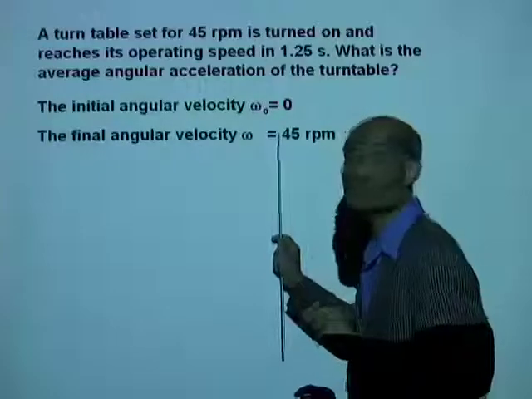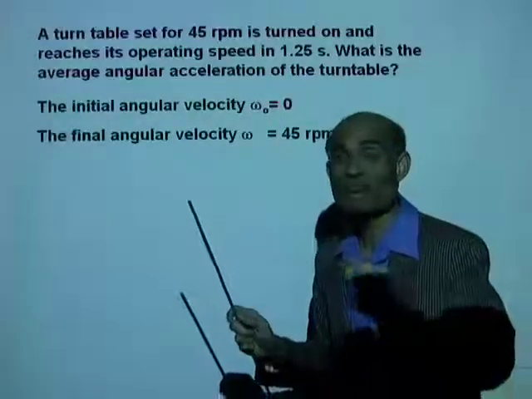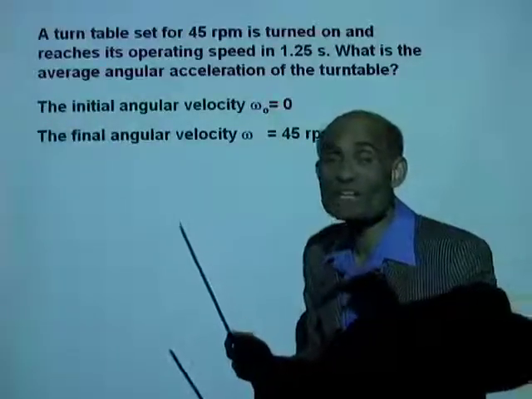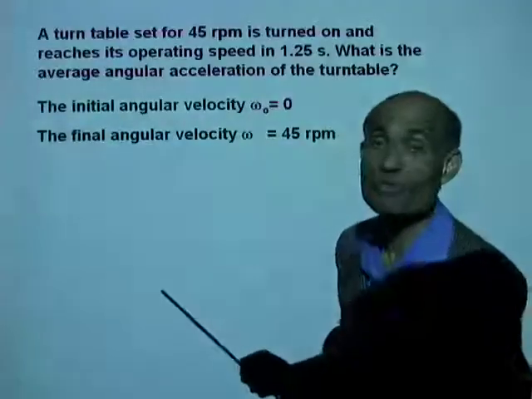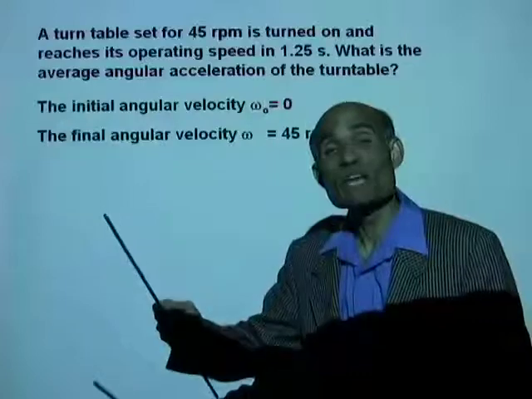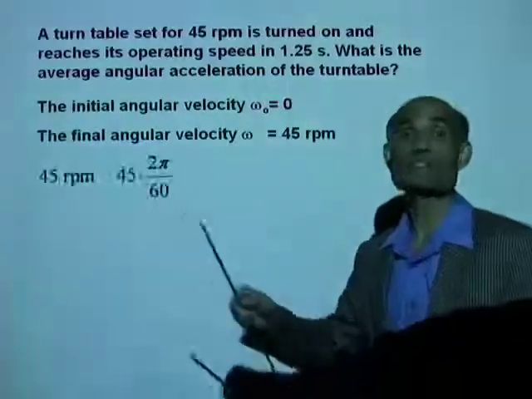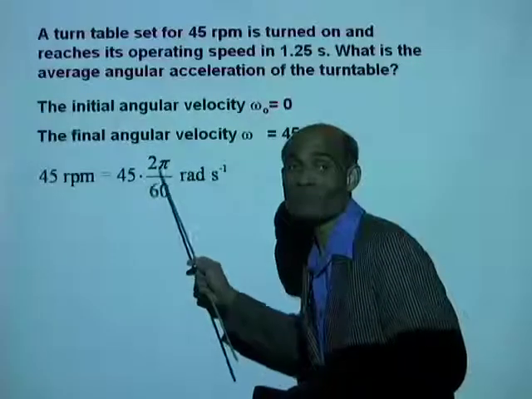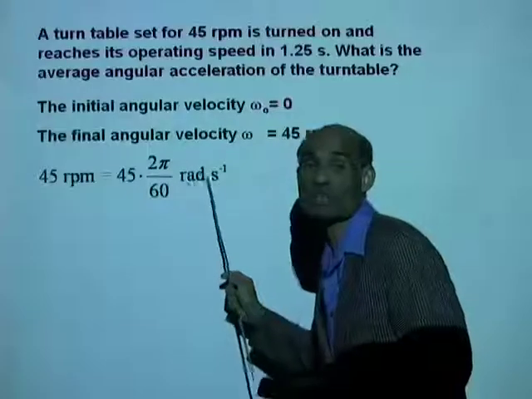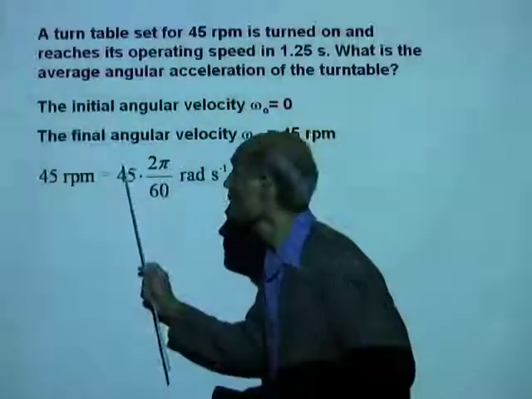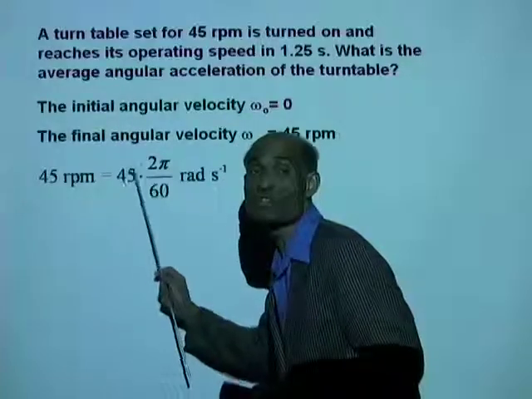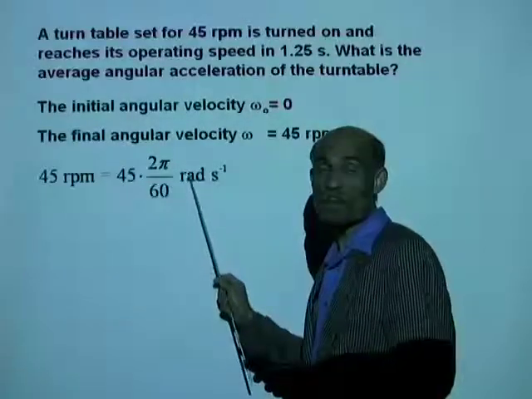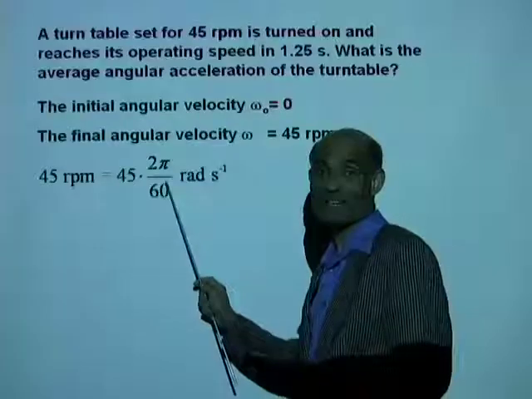So 45 revolutions is 45 times 2 pi radians. That will be 45 times 2 pi radians per minute, which is 45 times 2 pi radians divided by 60 radians per second. So 45 RPM is 45 times 2 pi divided by 60 radian per second. In other words, 45 revolutions is 45 times 2 pi radians, and so many radians are described in 1 minute, which is 60 seconds.